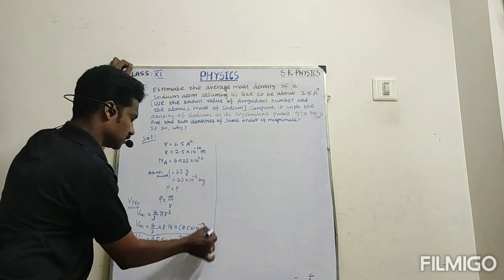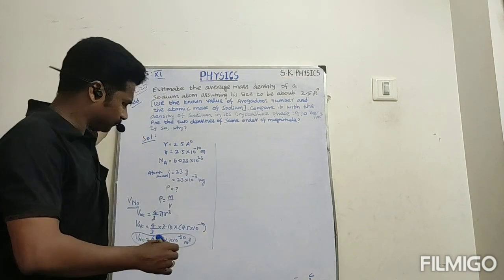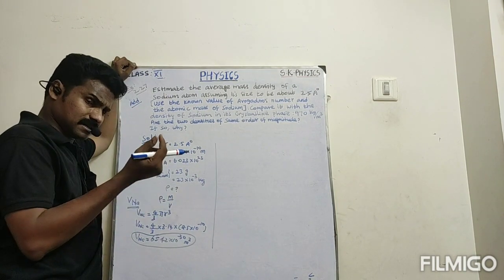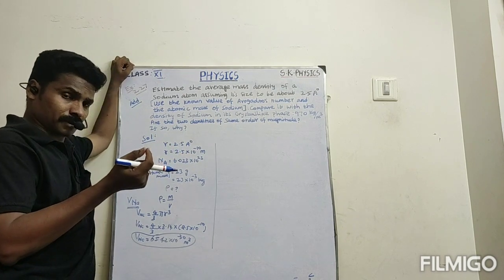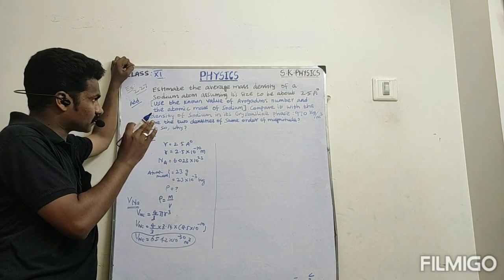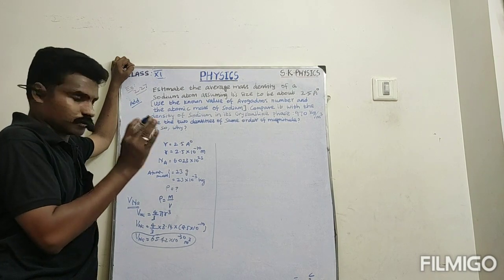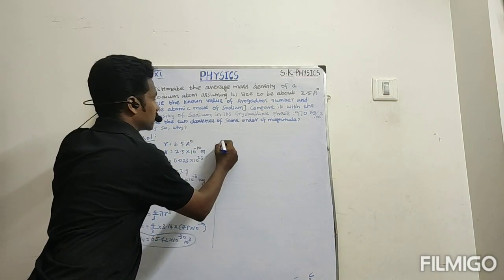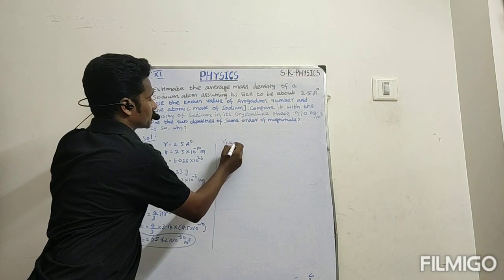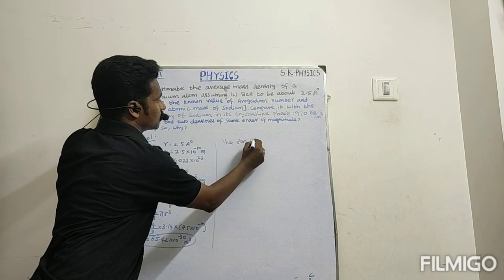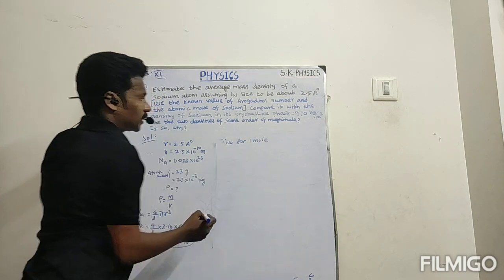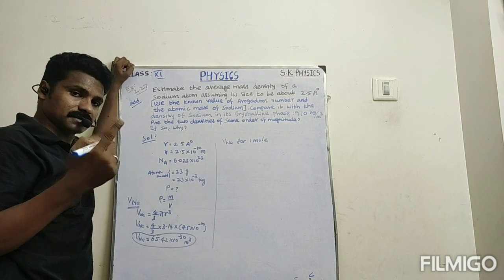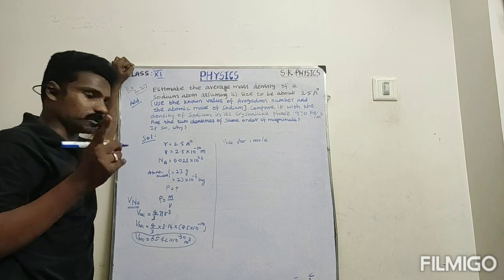Then the next one. This is actually the volume of a single sodium atom, but we are going to calculate for a mole. So the volume of sodium atoms for 1 mole. Per mole, how many atoms are there? 6.023 into 10 power 23 atoms.